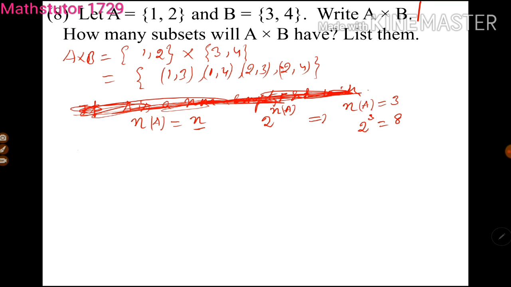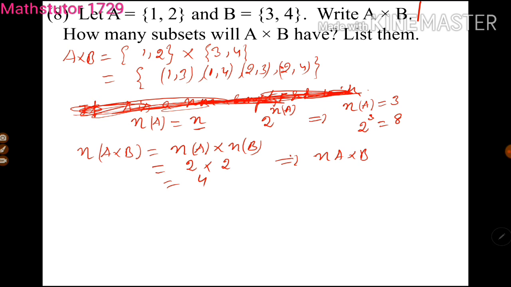Here for A cross B, we find the number of elements using the formula n(A) times n(B). Now A has 2 elements, so n(A) is equal to 2. B also has 2 elements, so n(B) is equal to 2. So the number of elements in A cross B is equal to 4. So how many subsets does A cross B have? By using the formula 2 to the power n(A cross B), and we know the number of elements in A cross B is 4, so in total we have 16 subsets of A cross B. Now list them.